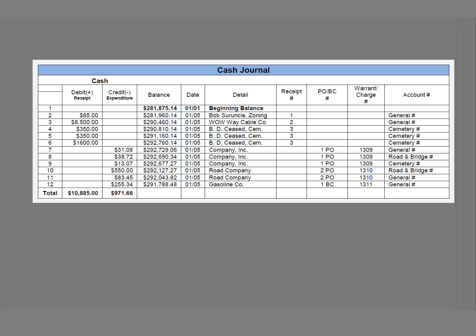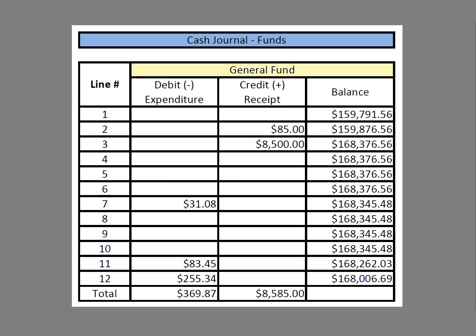Let's see how these items post to the fund side of the cash journal. Each fund section already contains the receipts previously posted, and now the payments are added based on the fund allocation. Each fund balance is reduced only by its share of a payment. The general fund on the screen has items allocated from lines 7, 11, and 12 of the cash journal cash side.